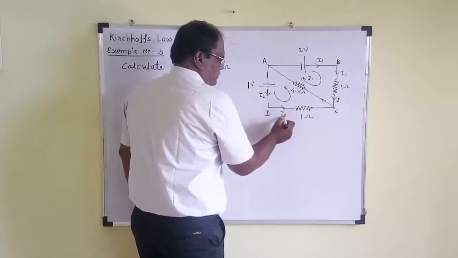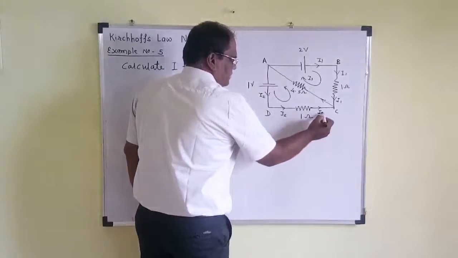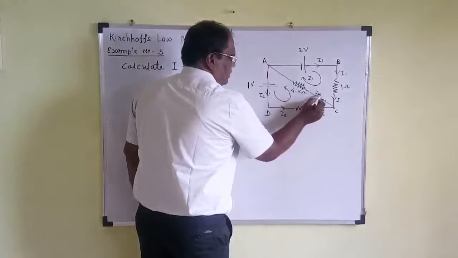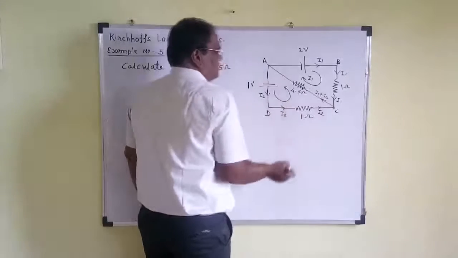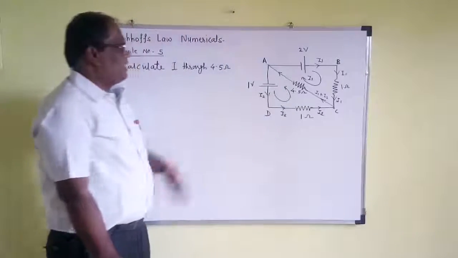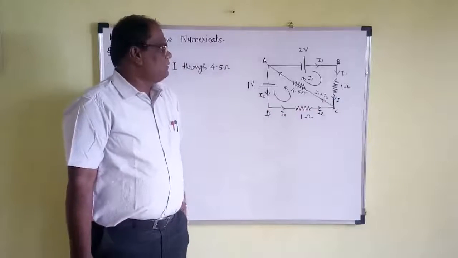Thus current flowing through this 1 ohm resistance is I2, and thus through this resistance total current flowing is I1 plus I2.